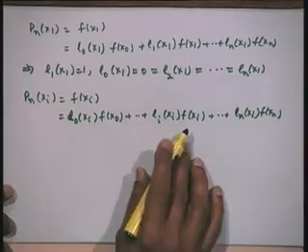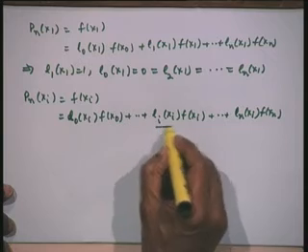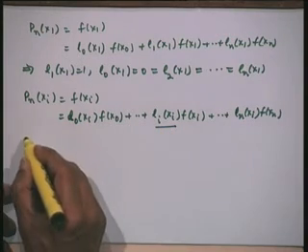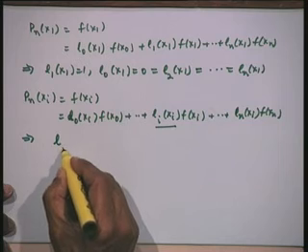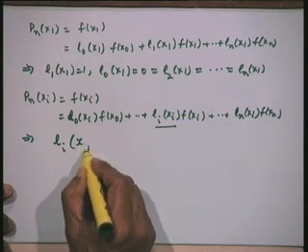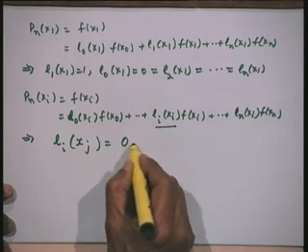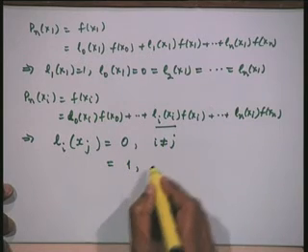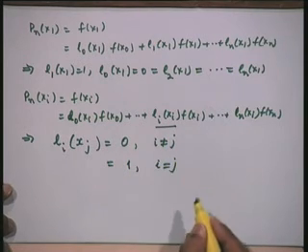Now, I can generalize from here that this L_i(x_i) will be 1 and all the remaining will be 0. Therefore, I would get the result that L_i(x_j) is equal to 0 for i not equal to j, and is equal to 1 for i equal to j.